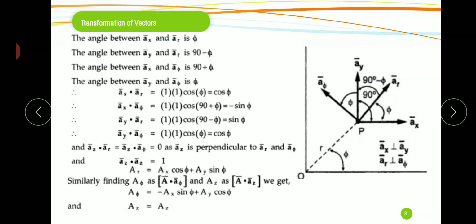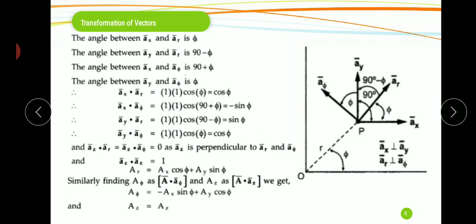Now what is the dot product AX dot AR bar? Here we use the formula A dot B is equal to mod of A mod of B cos of the angle between the two vectors. We have already discussed the angles between AX and AR, AX and A phi, AY and AR, AY and A phi.